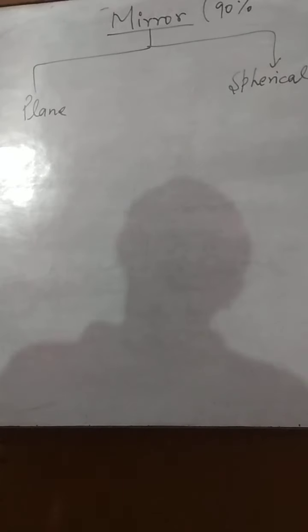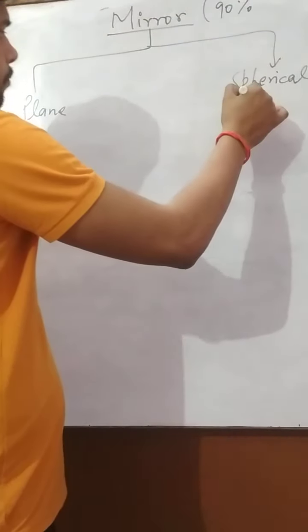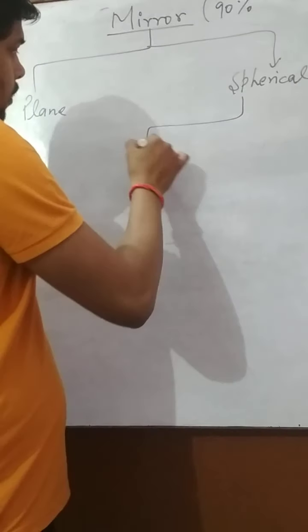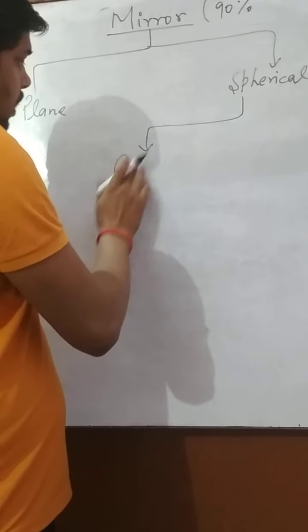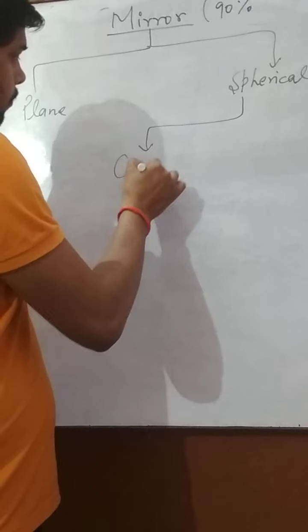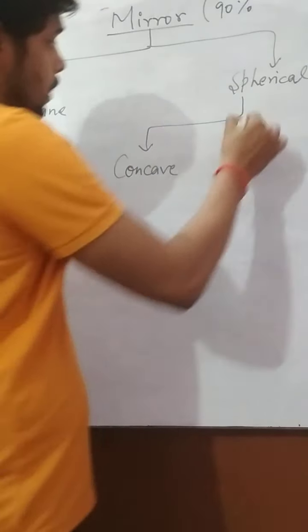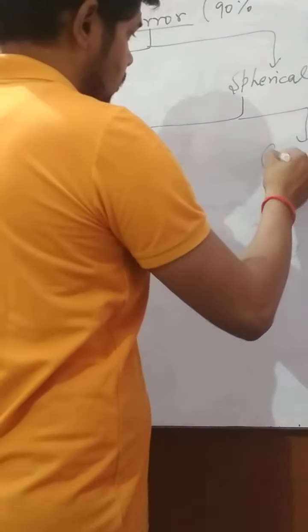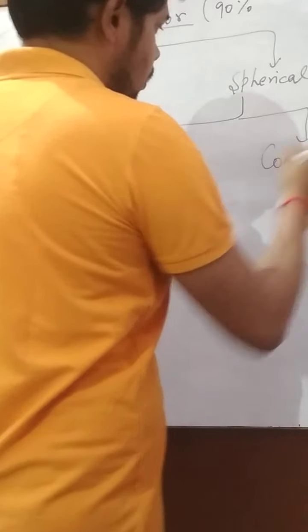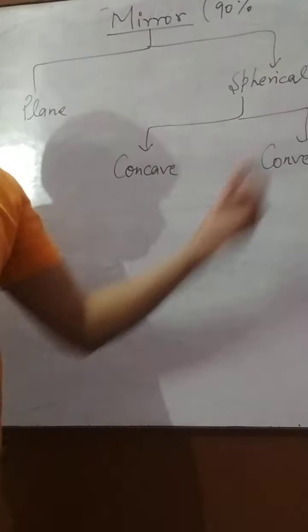There are two types of spherical mirror: one is concave and the second is convex. How will you recognize which one is concave and which one is convex?